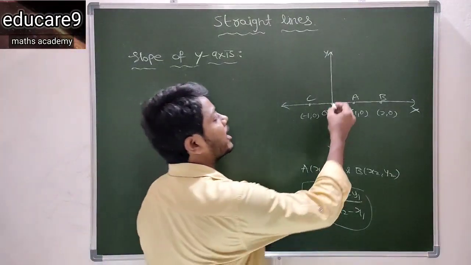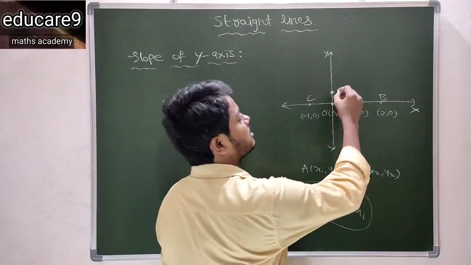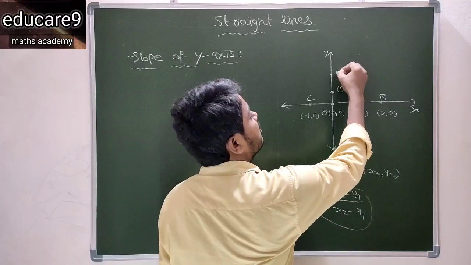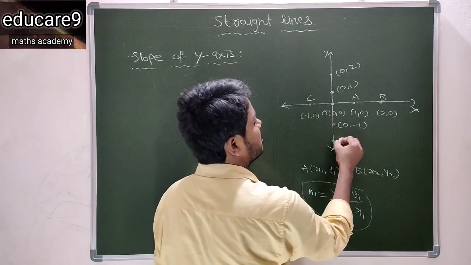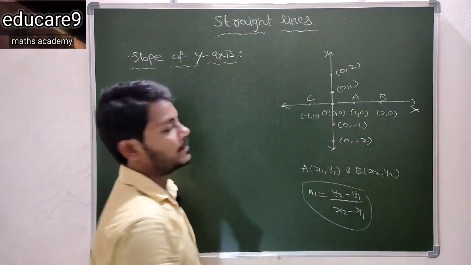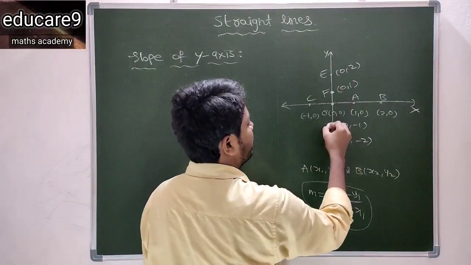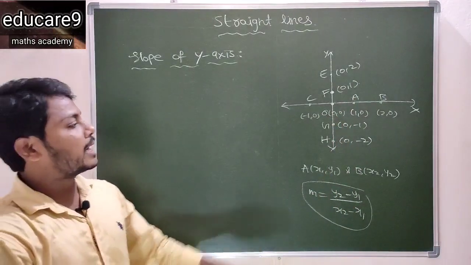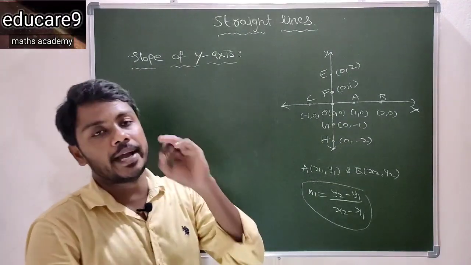Okay. So next, slope of y-axis. So see here, for example, take some points on y-axis. Suppose this is 0, 1 and this is 0, 2 and this is 0, minus 1. This is 0, minus 2. Suppose this is E, F, G, H. So here take any 2 points on y-axis for finding the slope of y-axis.